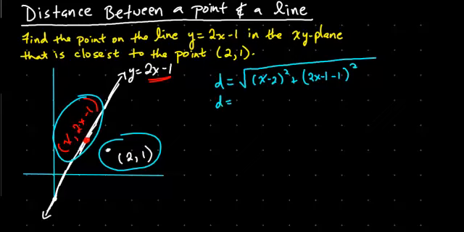We get that our distance equals, (x minus 2) squared is going to be x squared minus 4x plus 4, plus 2x minus 1, that's going to be 2x minus 2.